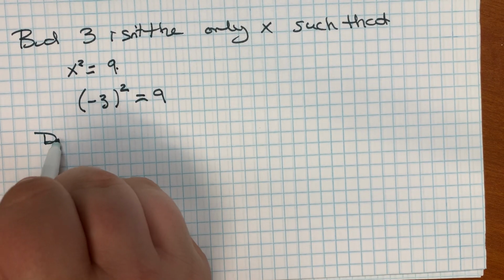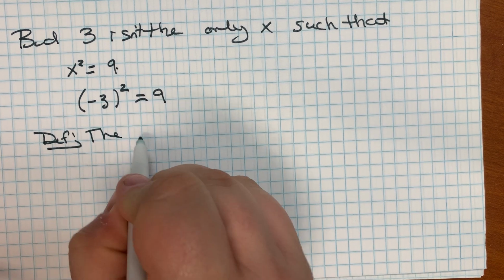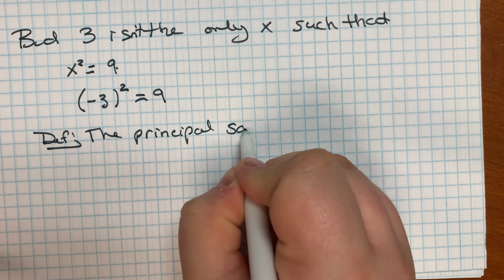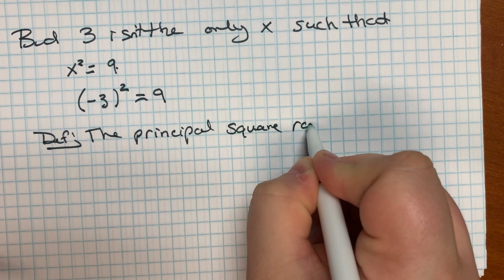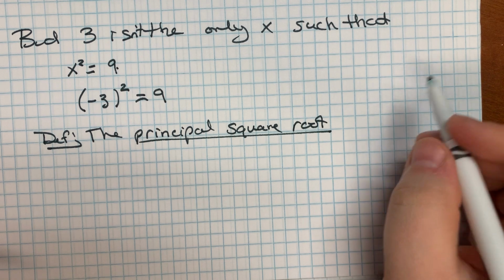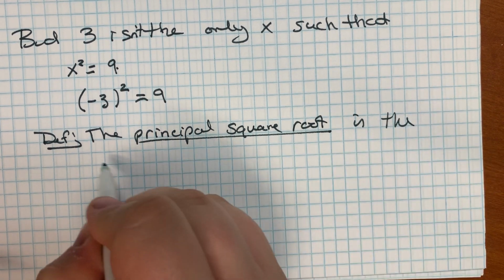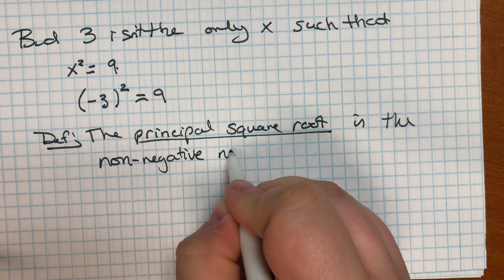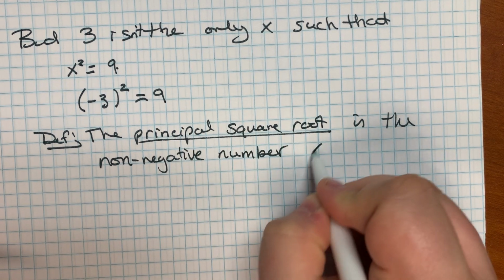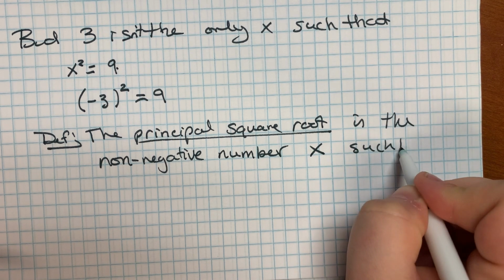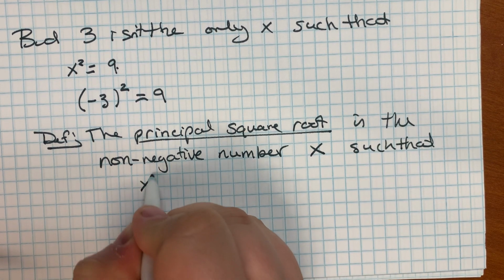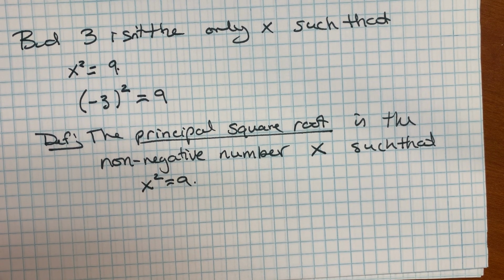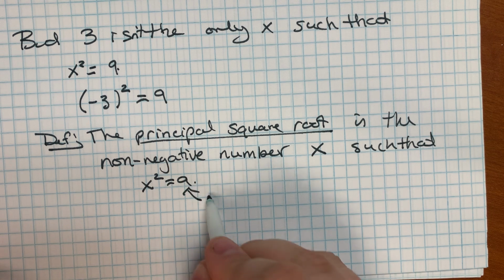So this gives us a definition. The principal square root is the non-negative number x such that x squared equals a. In both cases, a is non-negative.